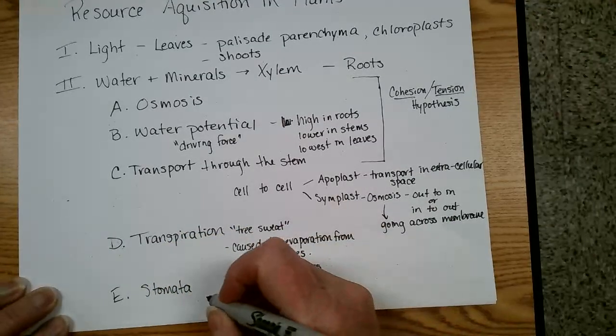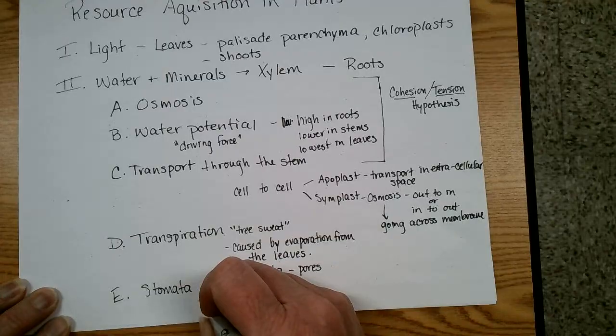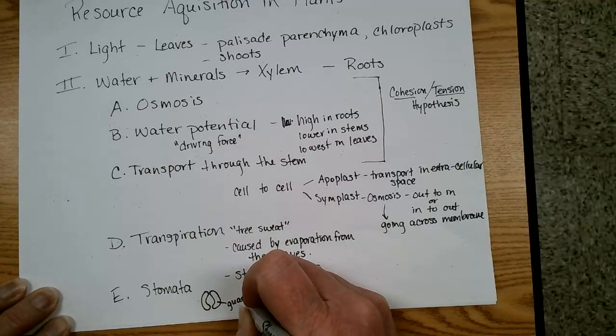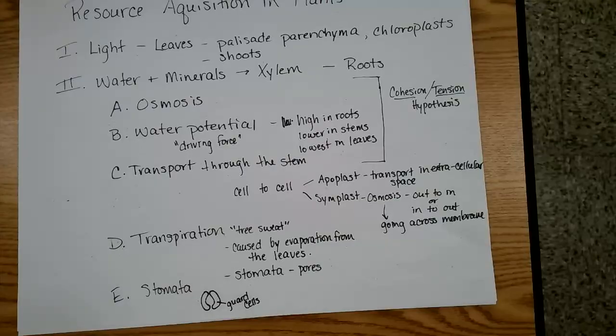And the control of the stomata, if you remember, is by these two little cells on either side, the guard cells. Guard cells control the opening and closing, and they're controlled again by a signaling situation that we're going to talk about with communication.